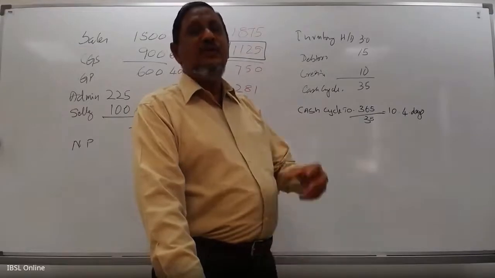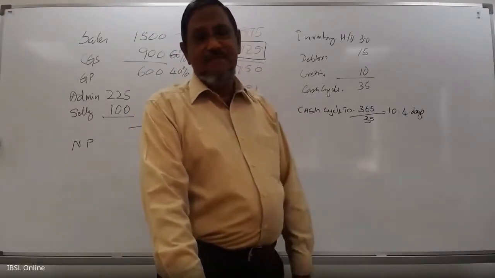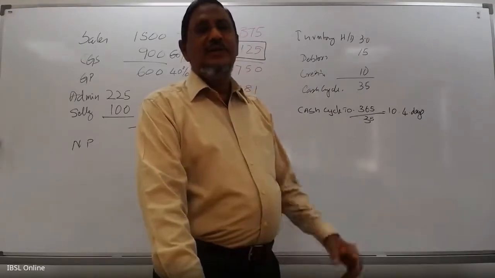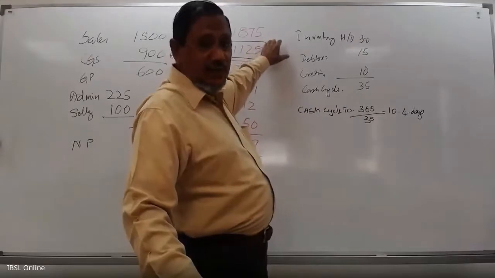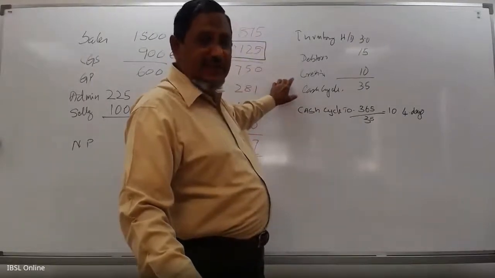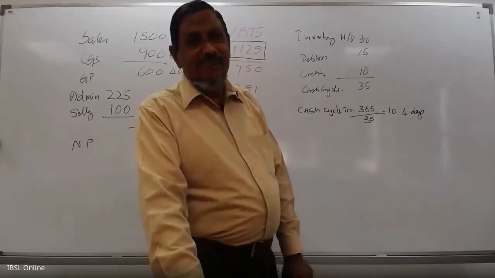So how much do you need to invest in this business? To expand this business, to achieve this 25% sales growth, how much has to be invested in stocks? That's what I will calculate.